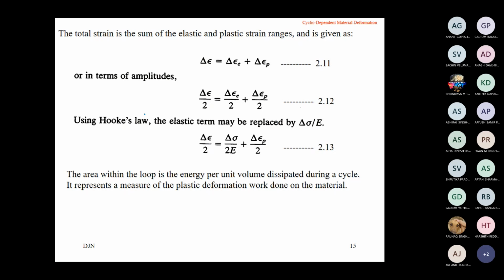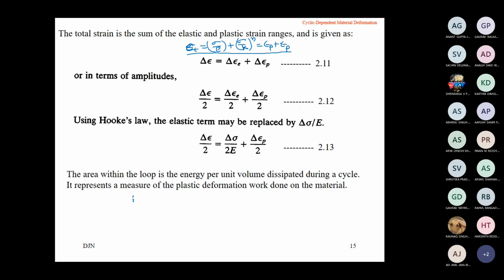So now we are planning to write the same Ramberg-Osgood equation, sigma epsilon, what we had. Total strain is nothing but sigma by E plus sigma by K to the power n, Ramberg-Osgood equation. We used to write elastic strain plus the plastic strain, Ramberg-Osgood equation.